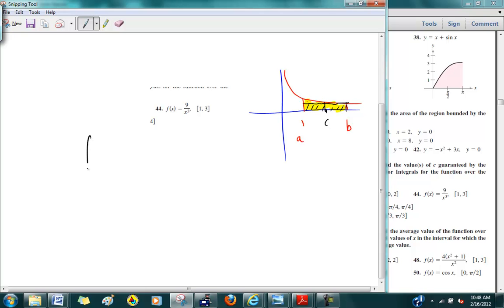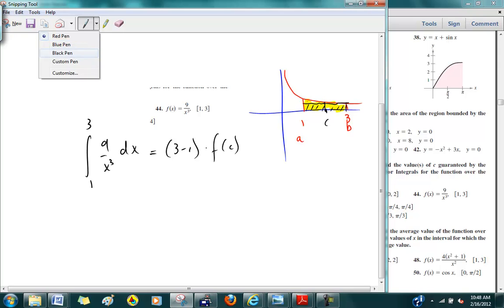You've got the integral of 9 over x cubed dx from 1 to 3 is going to be equal to b minus a, so it's going to be 3 minus 1 times f of c. The idea is to find c, and remember that c is going to be between 1 and 3.